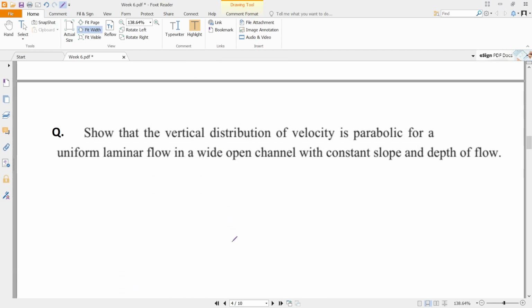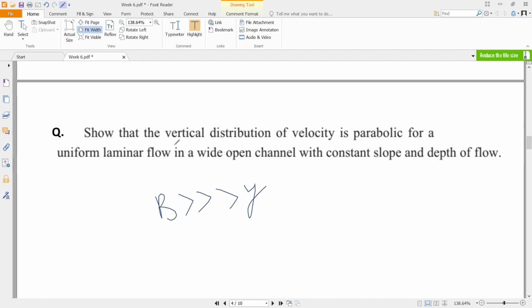Now next problem, so it is a little bit complicated with respect to the first problem that we have solved. So you have to show that the vertical distribution of velocity is parabolic for uniform laminar flow in a wide open channel. Now what is a wide open channel? A wide open channel is one where the bed width B is much greater than the flow depth Y. Okay.